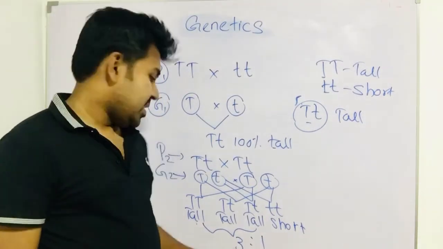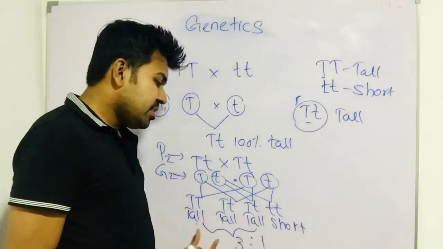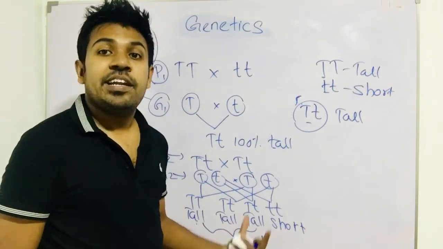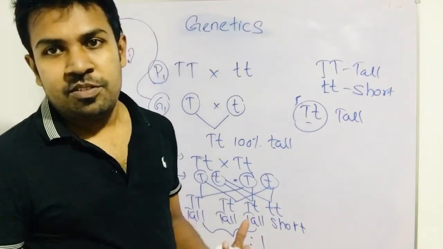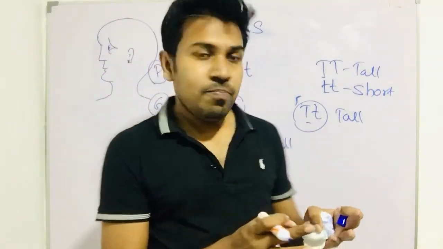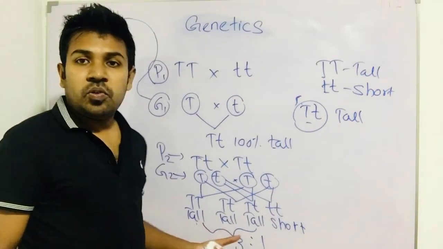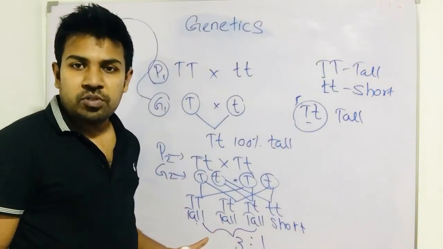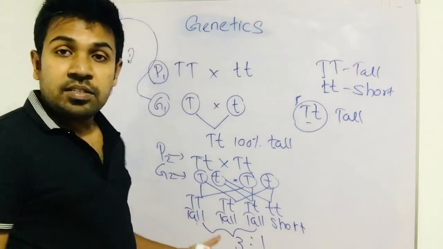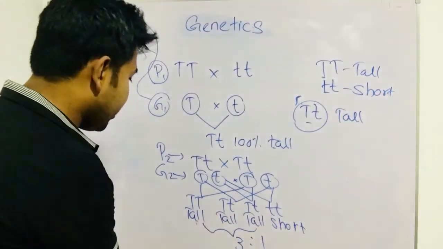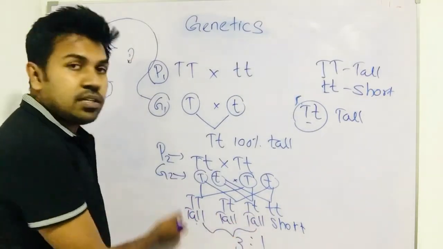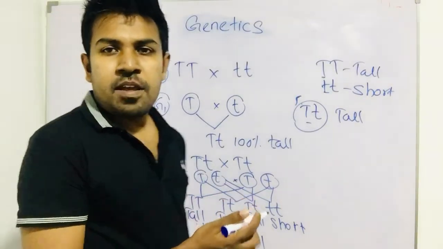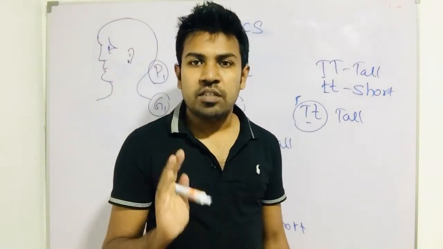When we consider the feature that appears, that is called phenotype. This is another new thing for you. The things that you can see from the outside, that is called phenotype. So in this case, you can see 3 tall plants while we have only 1 short plant.